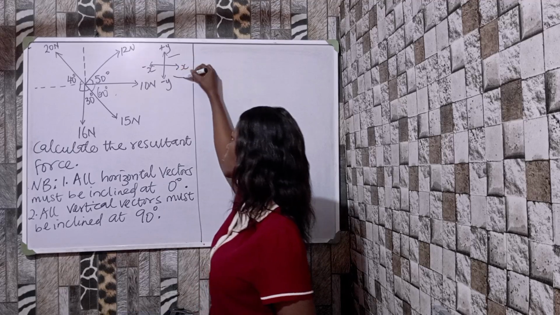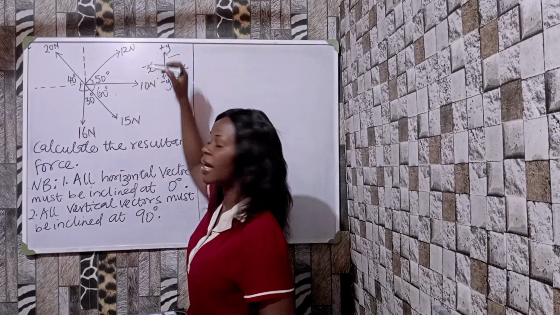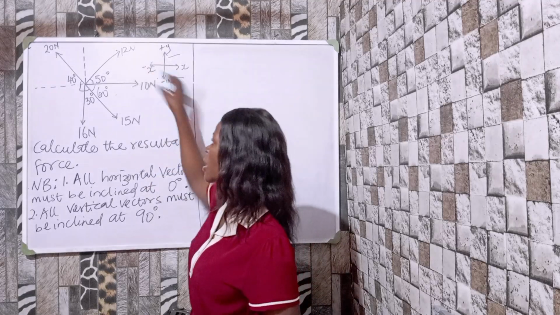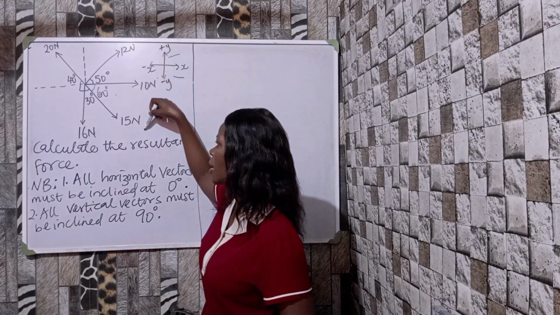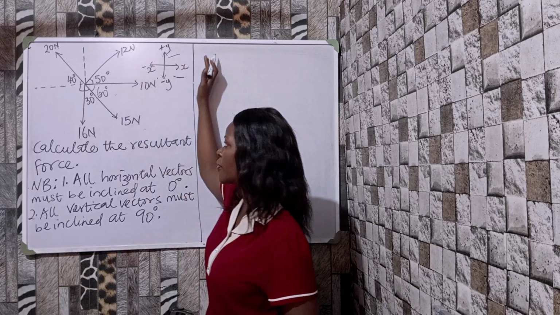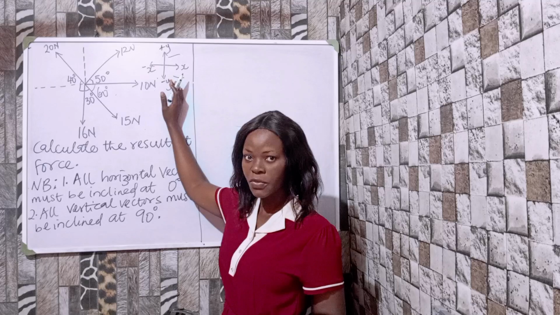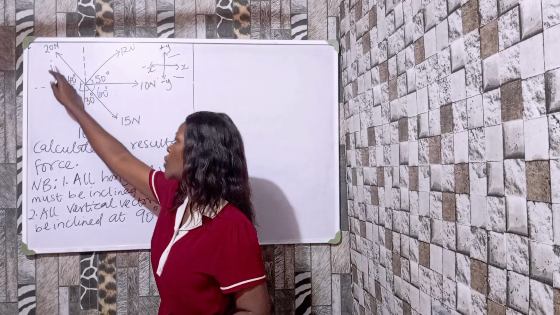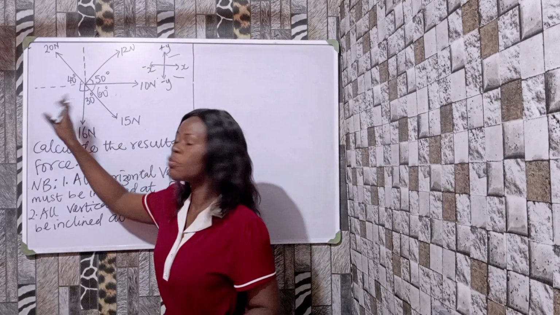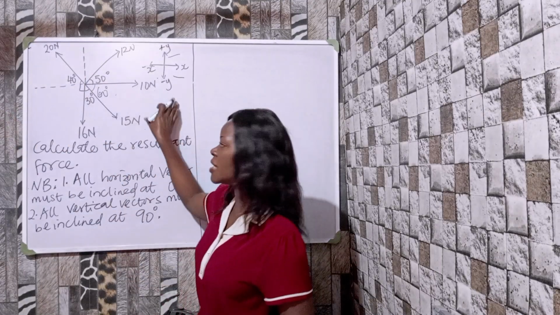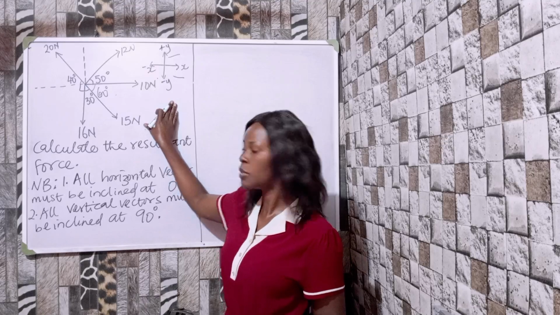Any vector between here and here is positive, and the vectors between here and here are negative. Looking at this question now, we already know that 12, 10, and 15 are on the positive side of x, if you are considering the horizontal component first. Then 20 and 16 are on the negative side of x. So these two will be negative, while these three will be positive. I hope you understand that now.